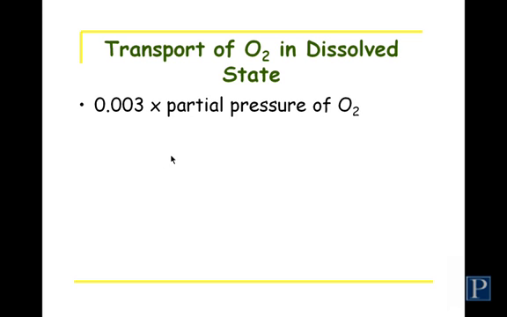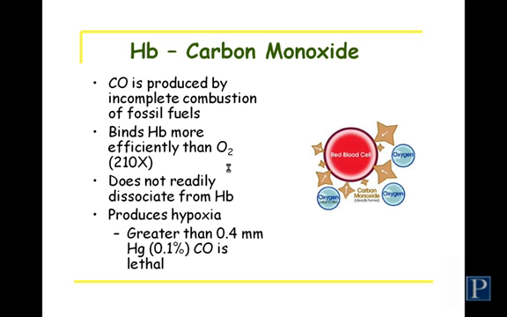And one last thing I want to talk about in regards to oxygen before we take a break and then look at the transport of carbon dioxide is the effects of something such as carbon monoxide on oxygen transport. A lot of you may have heard of carbon monoxide. Carbon monoxide is an electron transport chain inhibitor, so that's going to mess with you. But what it also does is it can bind to the heme ring on hemoglobin. It binds to the same exact spot as oxygen, so it will take up a spot for oxygen.